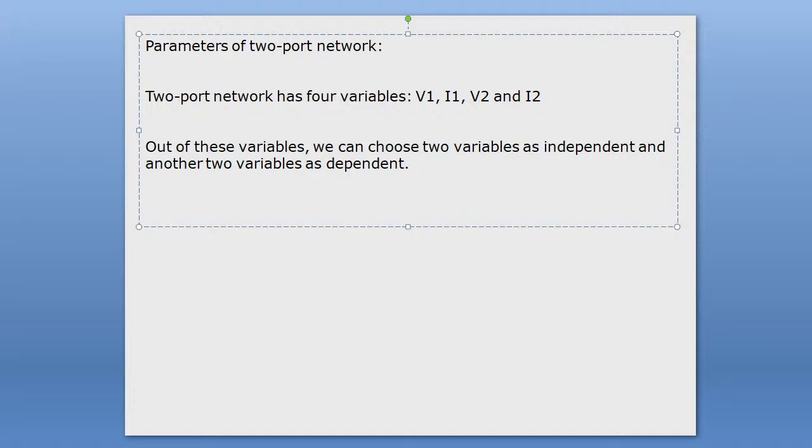If you express them this way, then you will get at least eight equations. And the coefficients associated with independent variables are known as parameters.